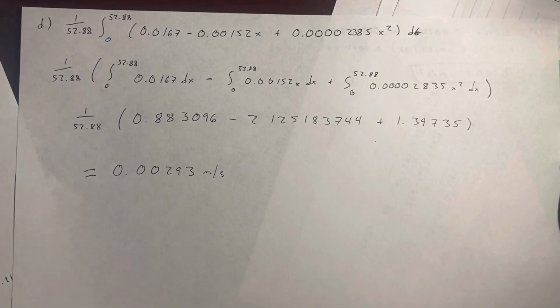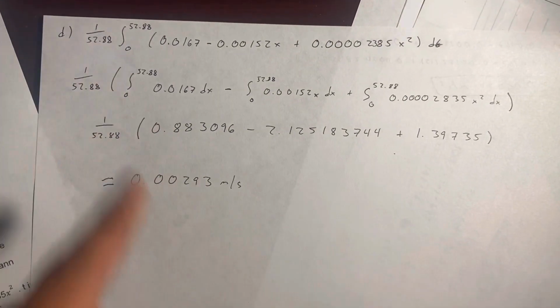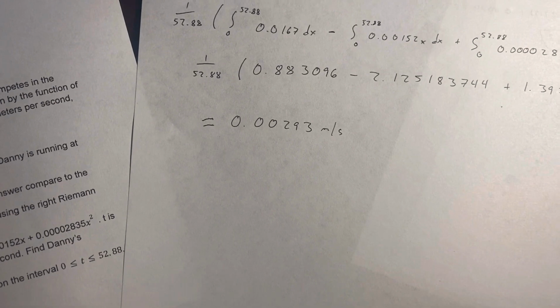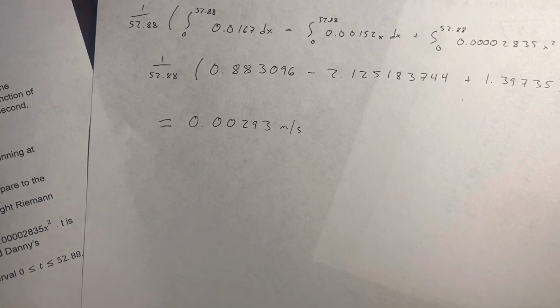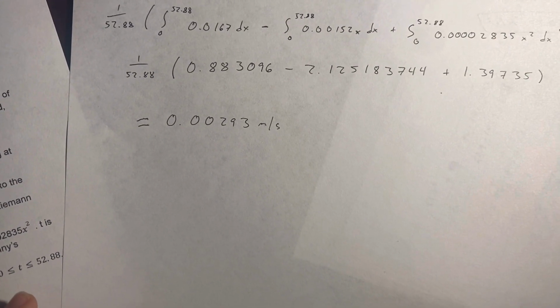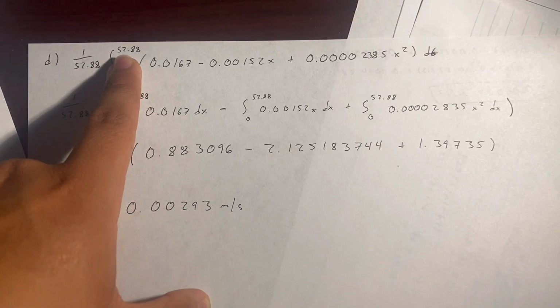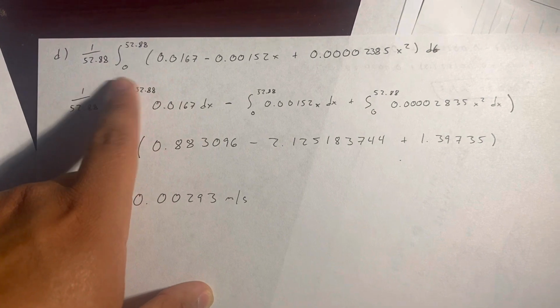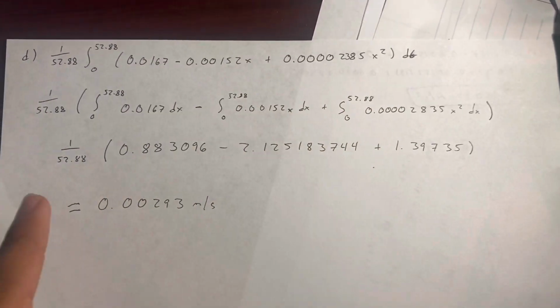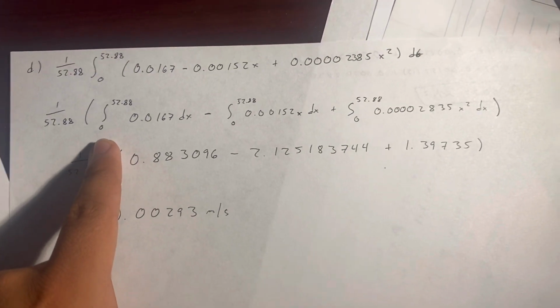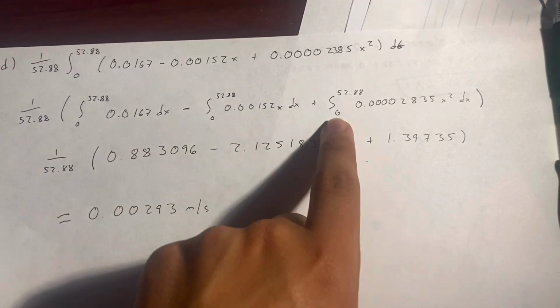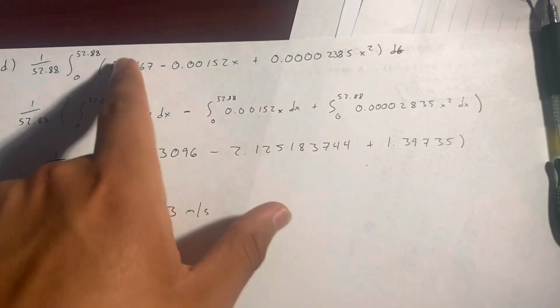Okay, so the last problem we have is letter D, and once again we are finding Danny's average change in velocity on the interval 0 to 52.88. So here's 0 to 52.88, and we're going to be integrating this whole formula that we had in the previous problem. And so when we integrate it, we separate it into 3 terms.